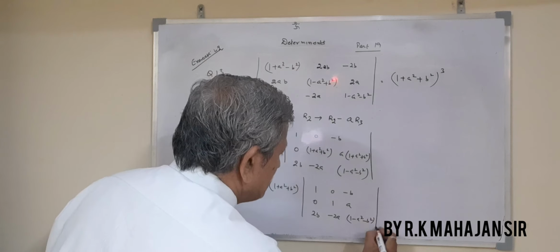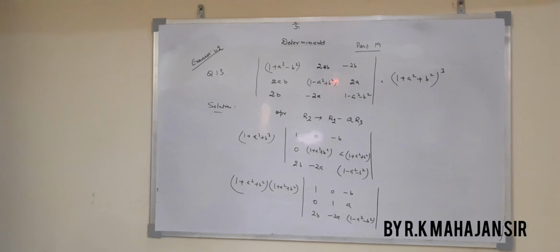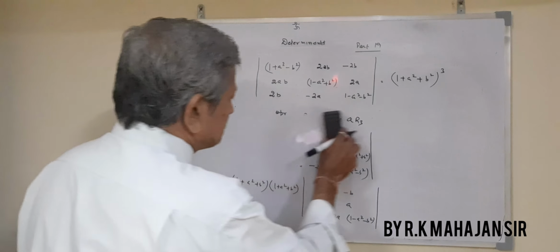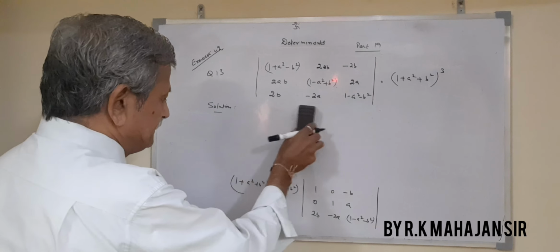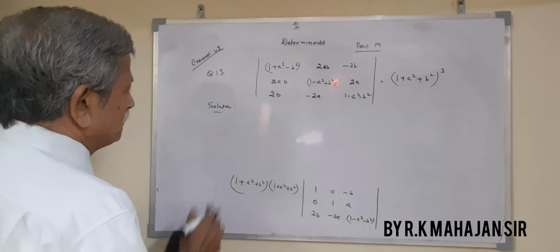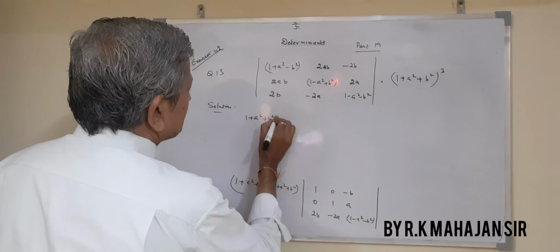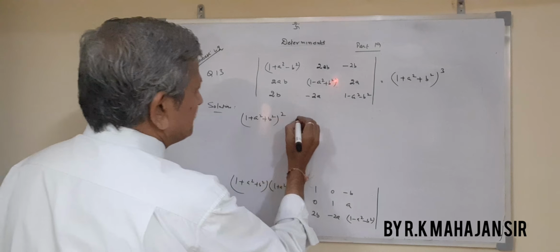So your value will be like this. Now if I solve this part which is left downstairs, this gives you 1 plus a square plus b square, whole square will be there.